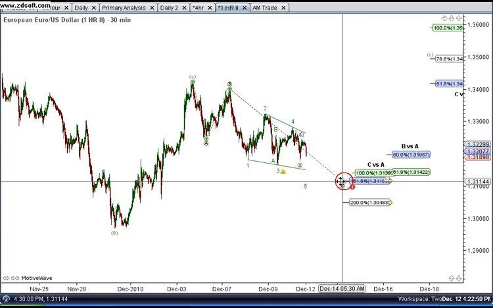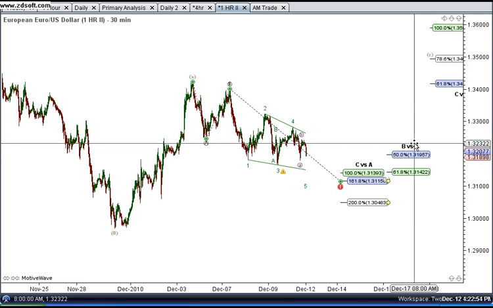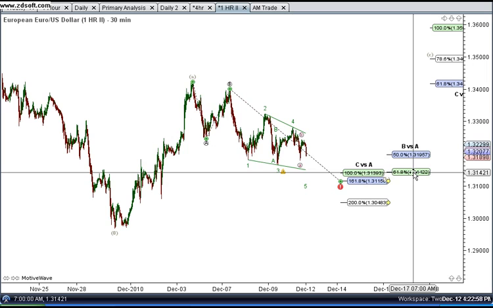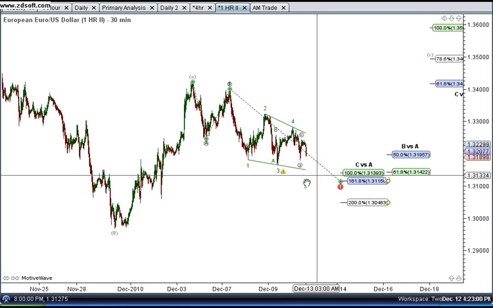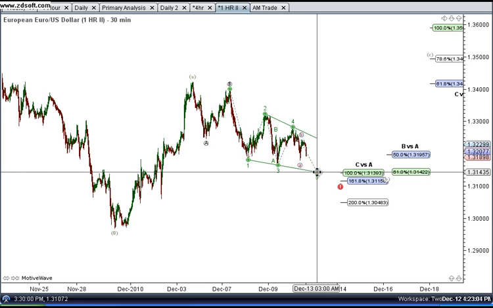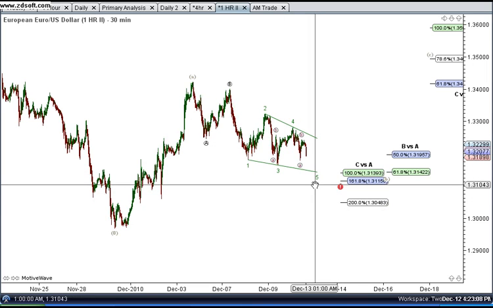Okay, I was looking at the C equals A for A, B, C. You've got B versus A at the 618. So, I'm looking at this to see if this trend line holds. That's the 3140 area.